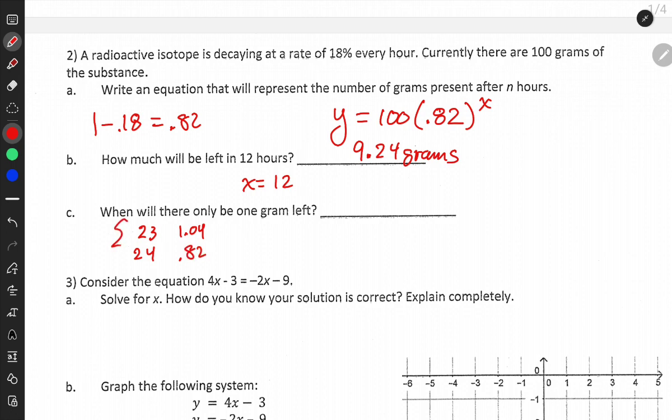Now, again, that was me counting and pressing the button, which I'm a little nervous about.